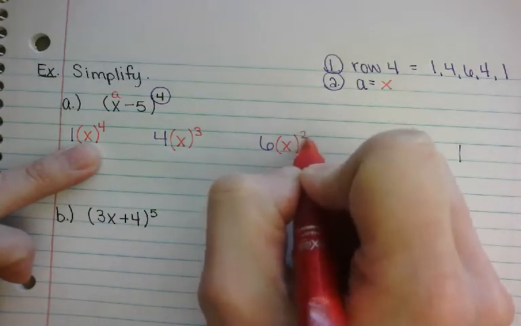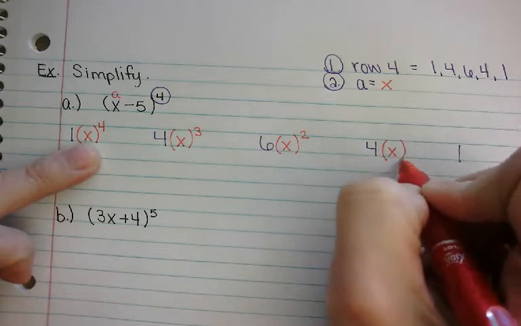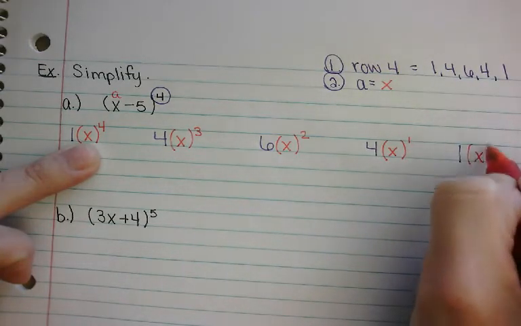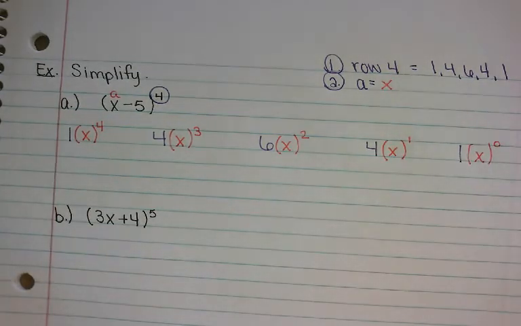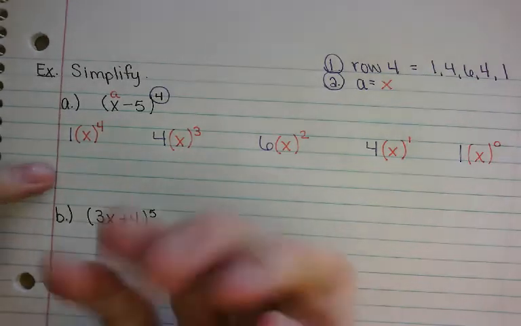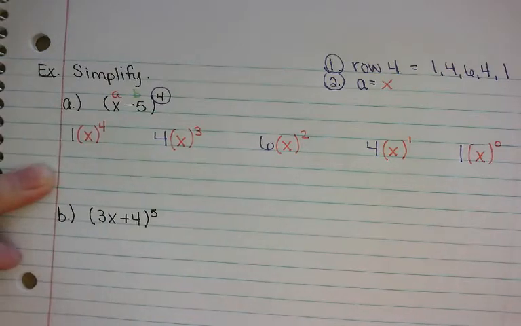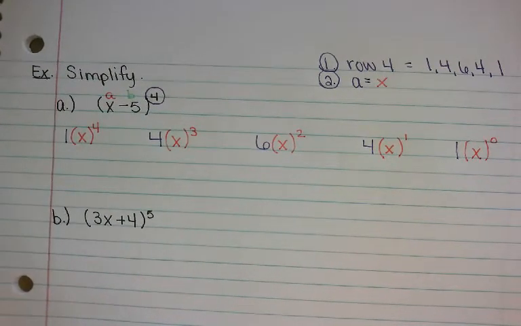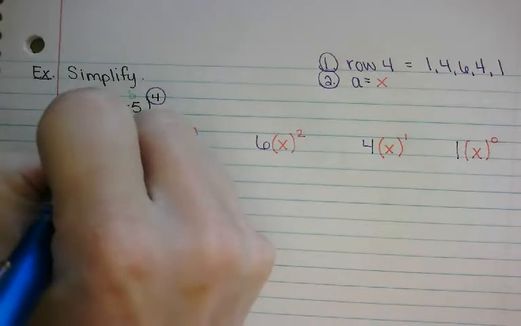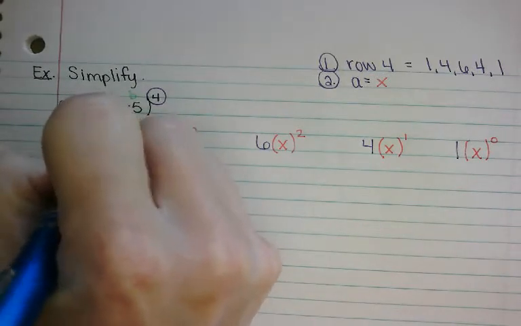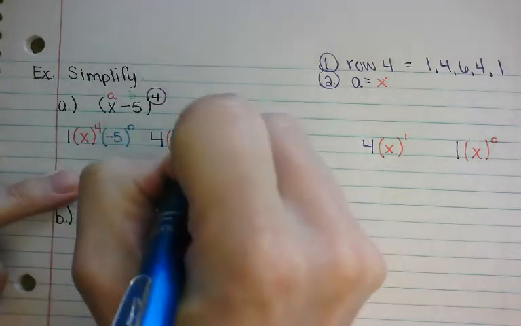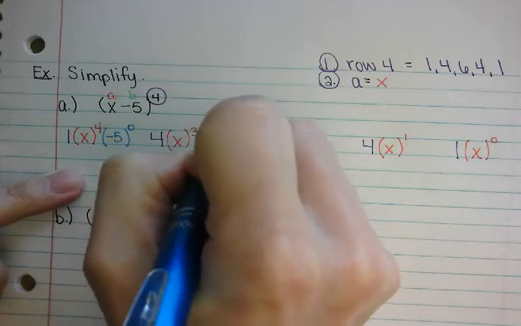So I'm going to decrease the A's. Then for my B term, which is the -5, get a different marker here. The B term starts off at 0, and then it increases by 1 each term.